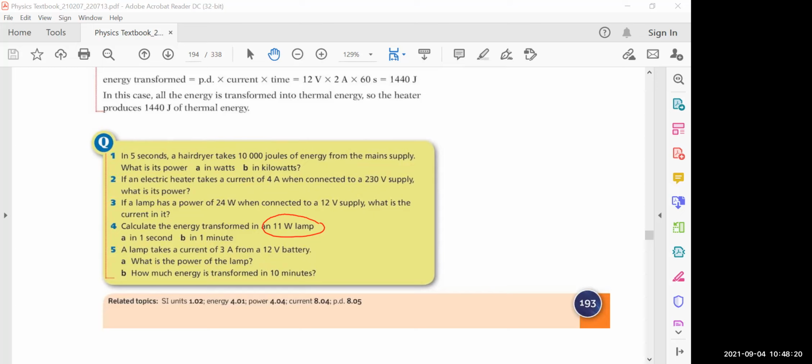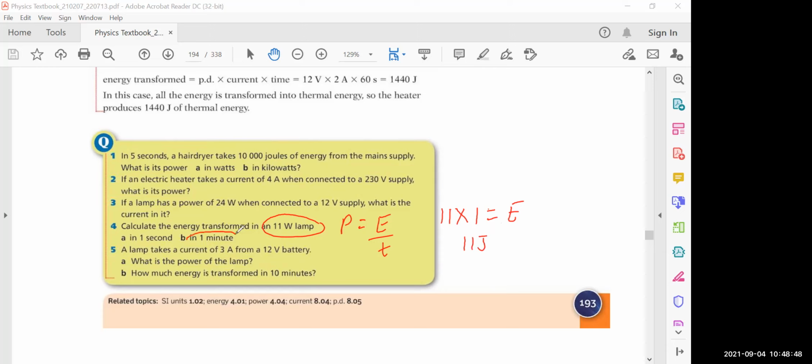Sir, is it the one with energy over time? Energy over time, because power is given here, P equal to E divided by T. Power is 11 watt. Let's multiply with the T. Time is 1 second. This is equal to E. So 11 ones are 11, and 11 joule is the answer for this question.